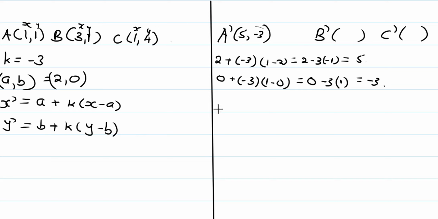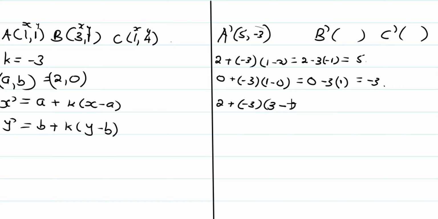So we repeat the same for b, where we have x is 3, so we apply it here. x will be 2, which we already know, plus scale factor -3, in brackets we already know b here is 3, and now minus a, but we already know our a is 2.